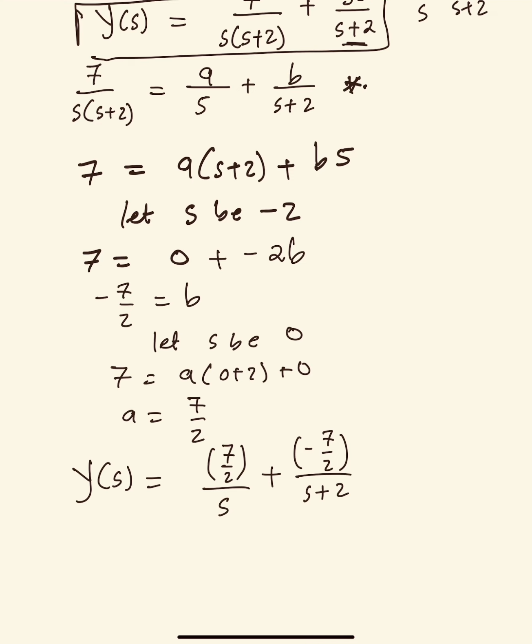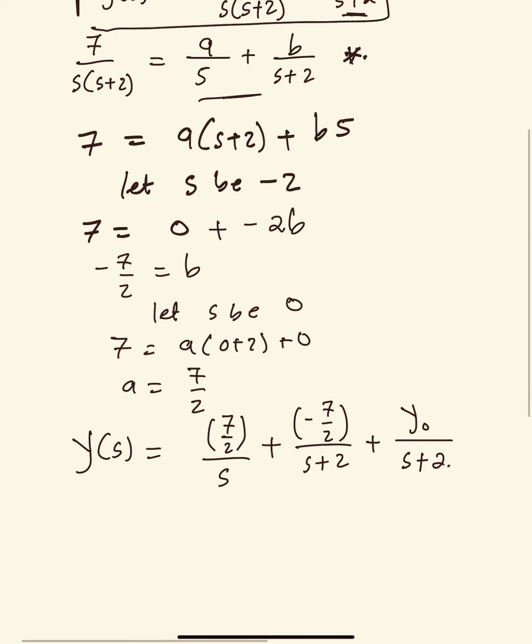Because I just substitute this back into this equation, plus y0 over s plus 2. So this is what that equation became. So now we can find the inverse Laplace transform for all of these.